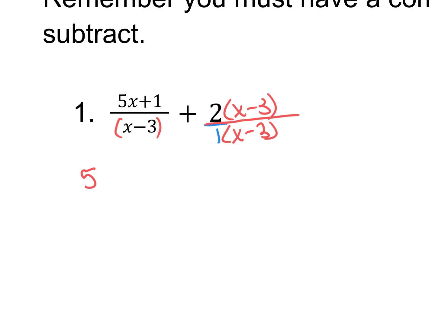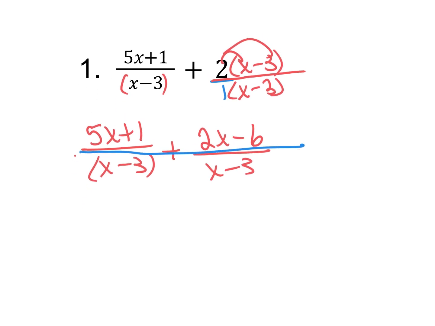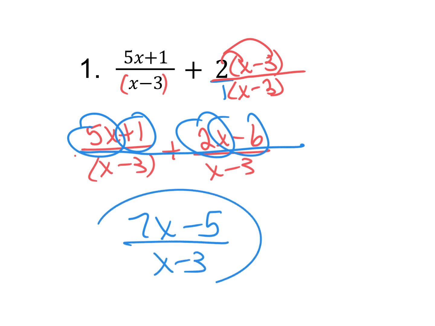So I'm going to have 5x plus 1 over x minus 3 plus, distributing here, 2x minus 6 over x minus 3. Now that I have a common denominator, I can just combine like terms in the top and get 7x minus 5 over x minus 3.